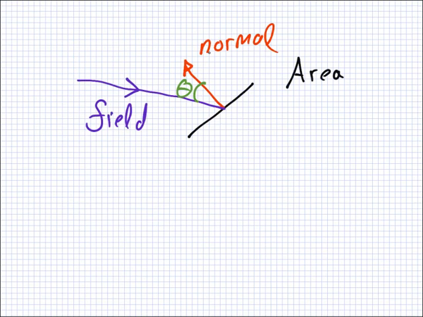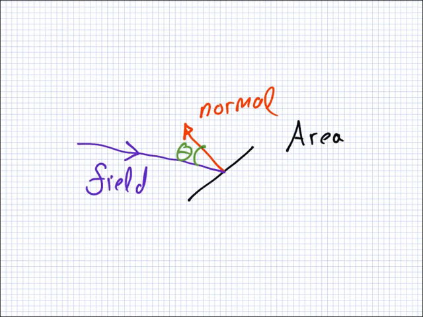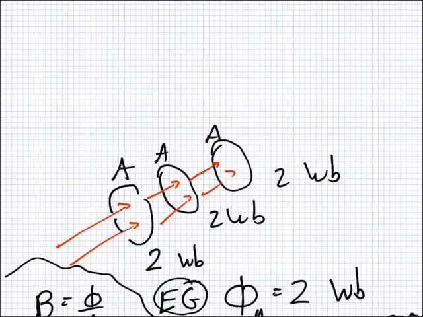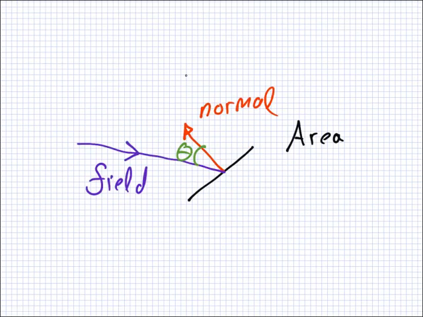No, it's 0. Because a theta of 0 would mean the field is perpendicular to the area, which is like this picture. The field is perpendicular to the area. Yeah? So in this one here, the theta is 0. Here, the theta is not 0.